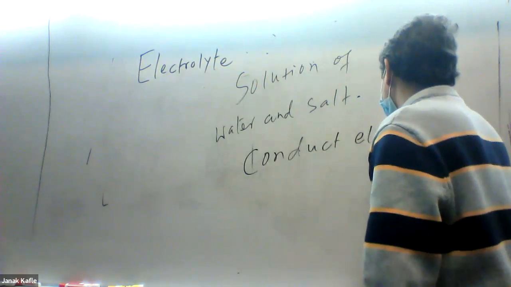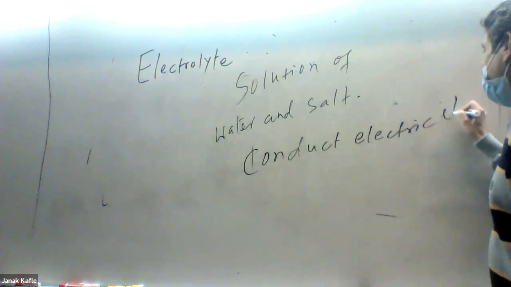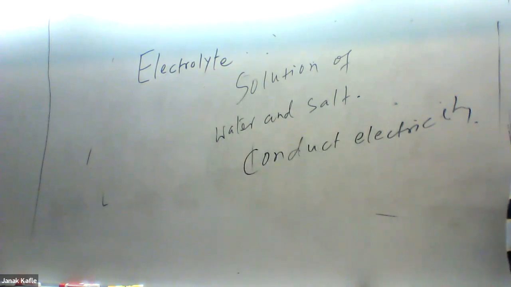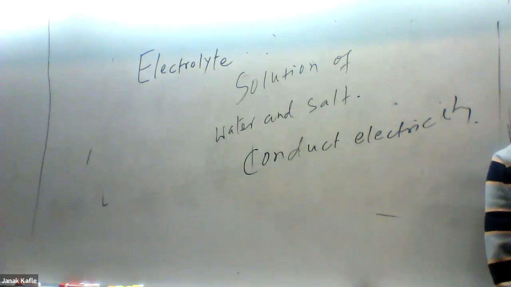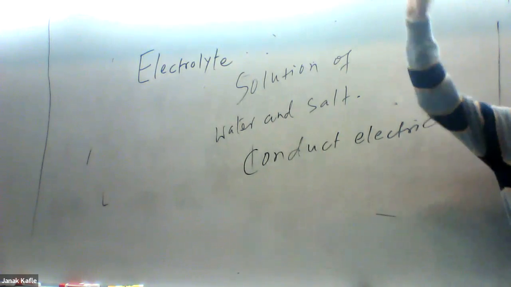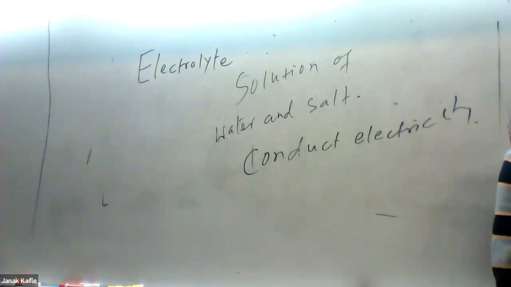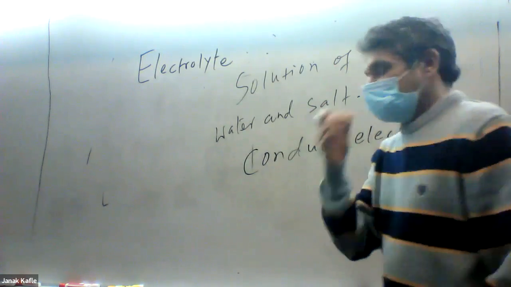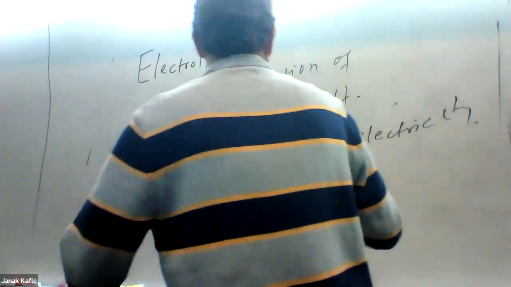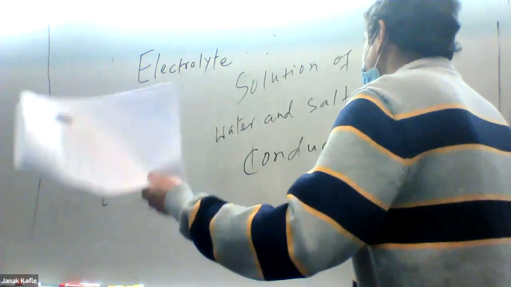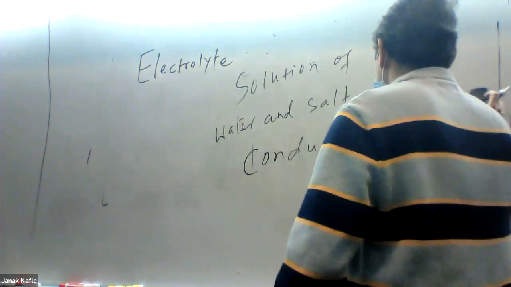If it conducts electricity, that is electrolyte. If it does not conduct electricity, that is not electrolyte. Make sense? Conducting electricity means that the bulb gives the light. Not conducting electricity means that it did not give the light. Everyone got that? So electrolyte is a solution of water and some salt, and that solution conducts the electricity.